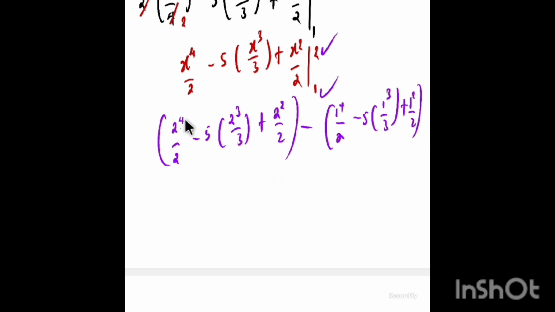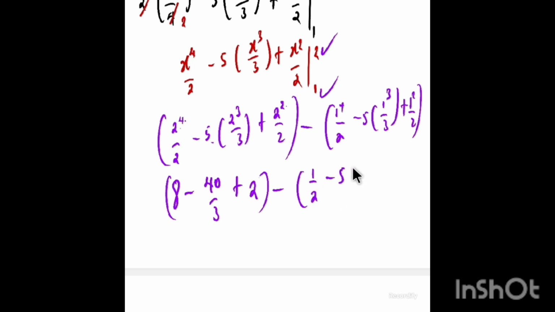So 2 raised to the power of 4 will give us 16, and 16 over 2 will give us 8. So we have 8 minus, 2 to the third power will give us 8, so 5 multiplied by 8 will give us 40. So you have 40 over 3 plus, then 2 to the second power will give us 4, so 4 over 2 will give us 2. Then minus 1 to the fourth power will give us 1, so we have 1 over 2 minus 5 times the bracket 1 over 3.